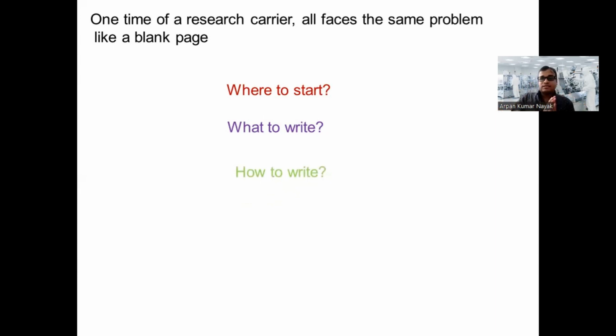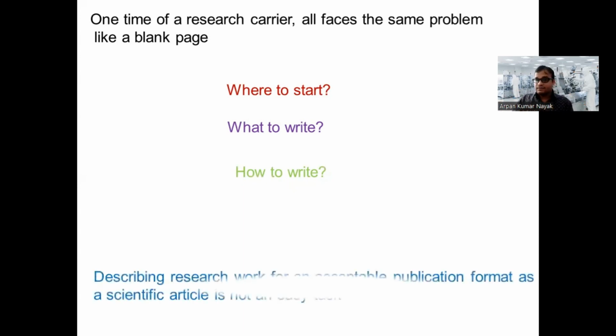So every researcher, including me, definitely faced the same at some stage of their career.